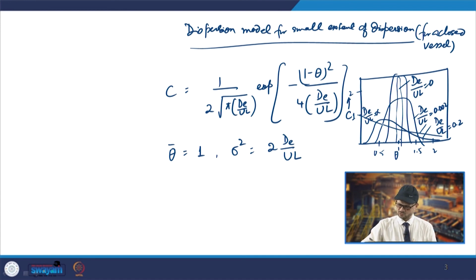So, you will have the confinement, and for the 0 value your curve comes at theta equal to 1. So, these different values represent different extents of dispersion, and the family of these C curves can be drawn.